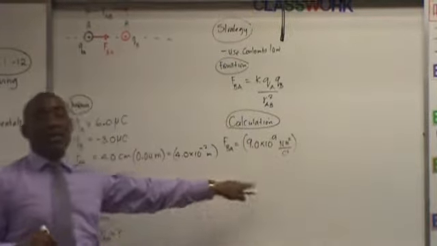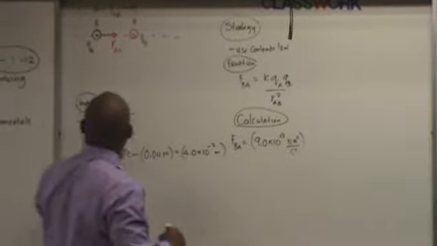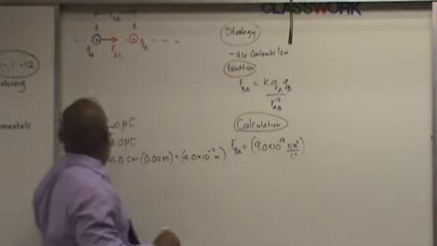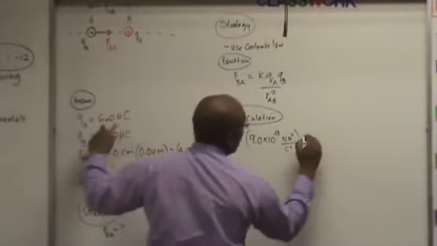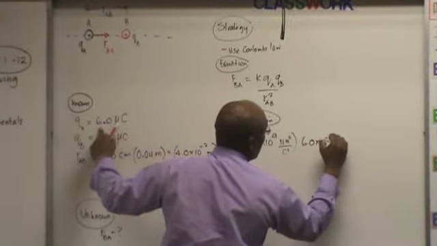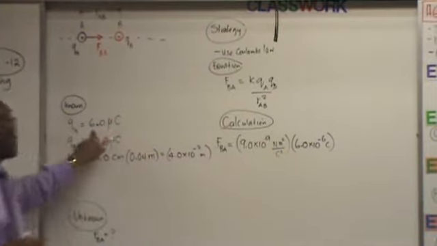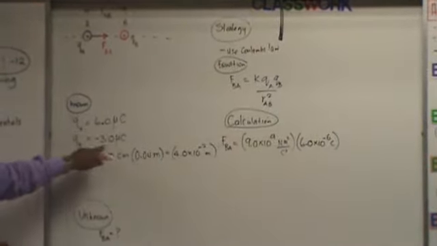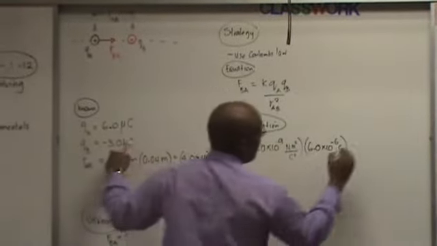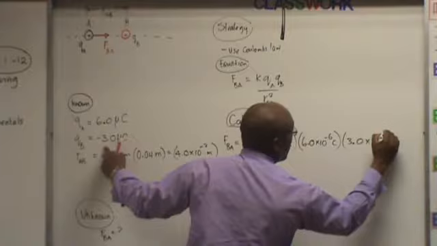That's the value of k right there. It never changes. It's always that. The value of QA is right there, 6.0 times 10 to the negative 6. That's QA. And QB is 3.0 times 10 to the negative 6.